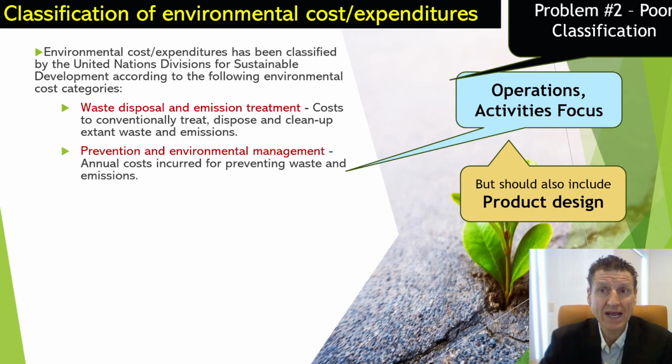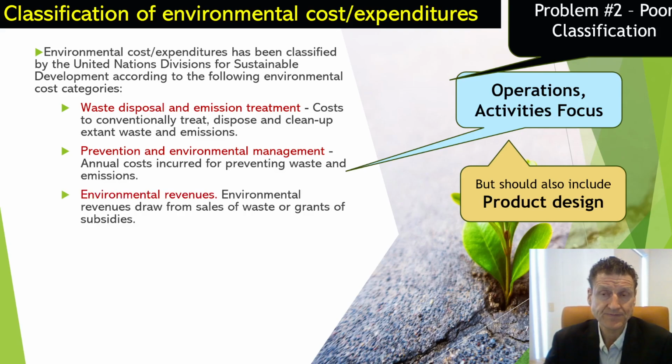There's prevention and environmental management: annual costs incurred for preventing waste and emissions. Environmental revenues: that's revenues drawn from sales of waste or grants of subsidies.